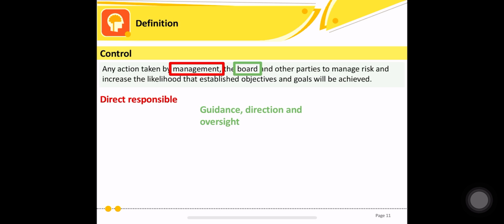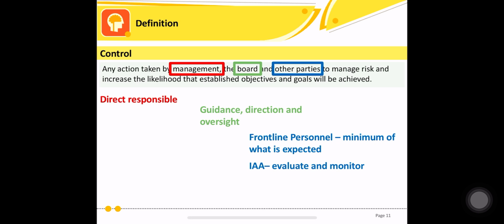And the board is just there to guide, provide direction, and then oversight. As you have learned from the governance process, it's one of their major components, which is oversight. And then the other one is strategic direction. And then other parties, which is the frontline personnel, are your first line of defense.